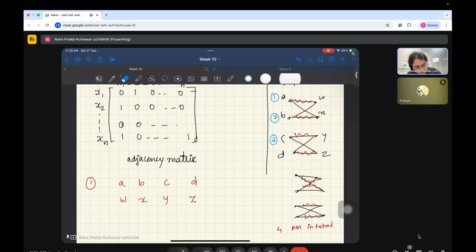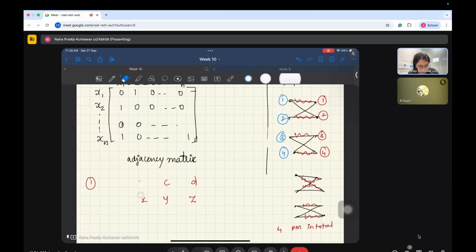I'll call this 1, 2, 3, 4, and I'll call these also 1, 2, 3, 4, but I'll write it with a different color. These are separate vertices, totally 8 vertices, but think of these as a color and a label.